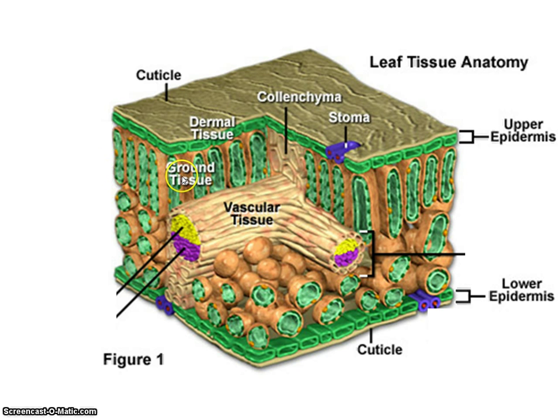Within this ground tissue is where the chloroplasts are found. So within this layer of ground tissue, right here near the surface of the leaf, okay, is where the chloroplasts are found. This is where photosynthesis is going to occur in this ground tissue layer, very close to the surface of the leaf.